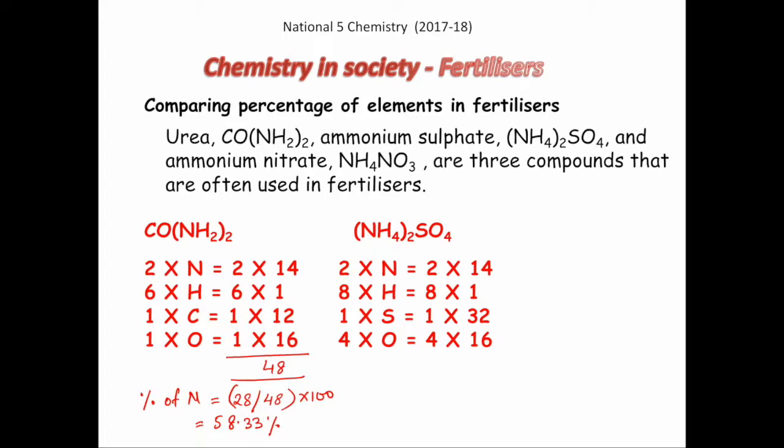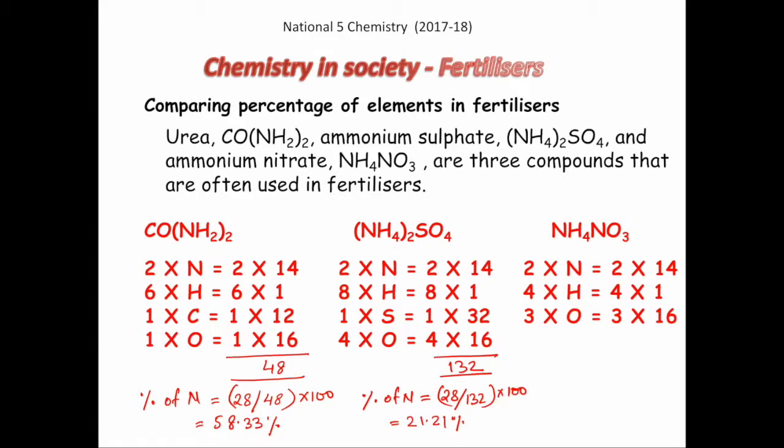Now we look at ammonium sulfate. So first we'll calculate the total molecular mass of ammonium sulfate, and that sums up to 132, and percentage of nitrogen would be 28 divided by 132 times 100, and this gives you about 21.2%.